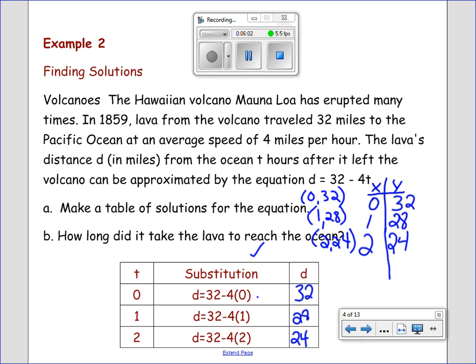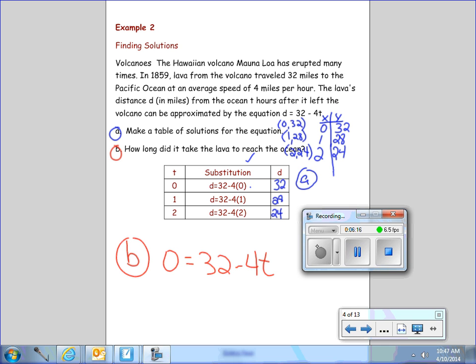So if you were asked to graph the distance and time, you would use these sets of ordered pairs to graph them. In B, how long did it take the lava to reach the ocean? You'll notice on B we set up distance equals rate times time in order to determine how long it took the lava to reach the ocean.